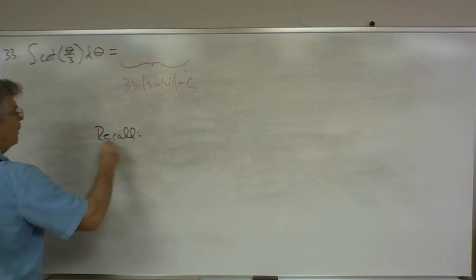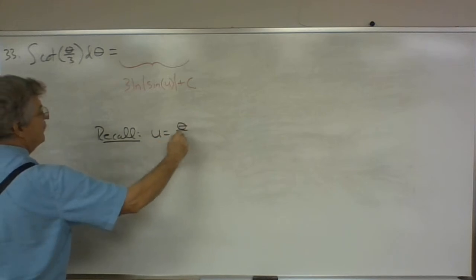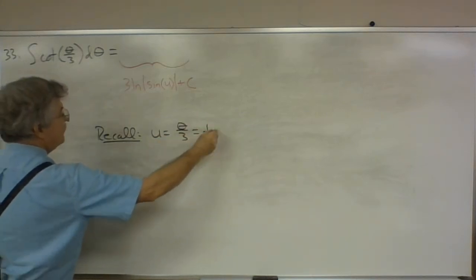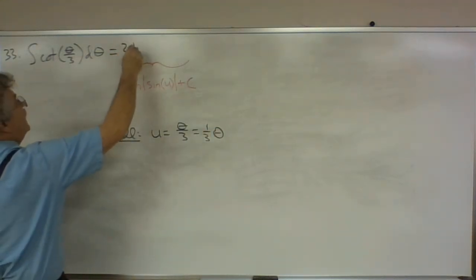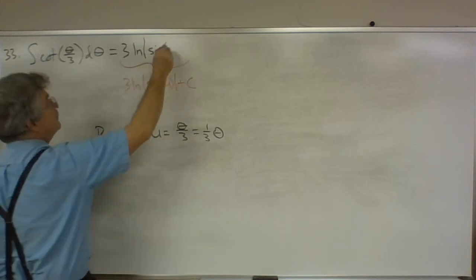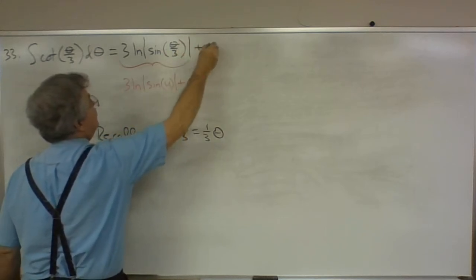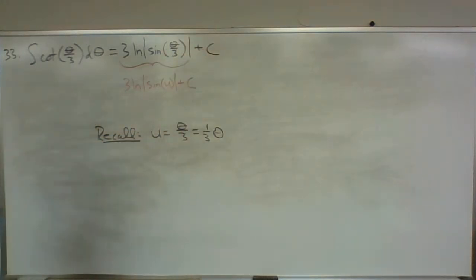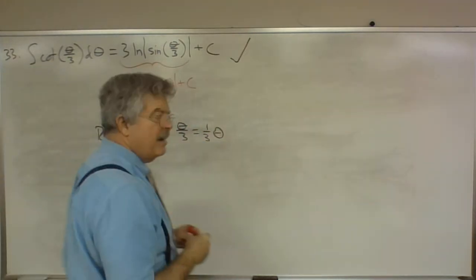And we recall that u equals theta over 3 or 1/3 theta. So our answer is 3 natural log absolute value of sine of u, which is theta over 3, plus c. And I sure hope that's right. Probably is.